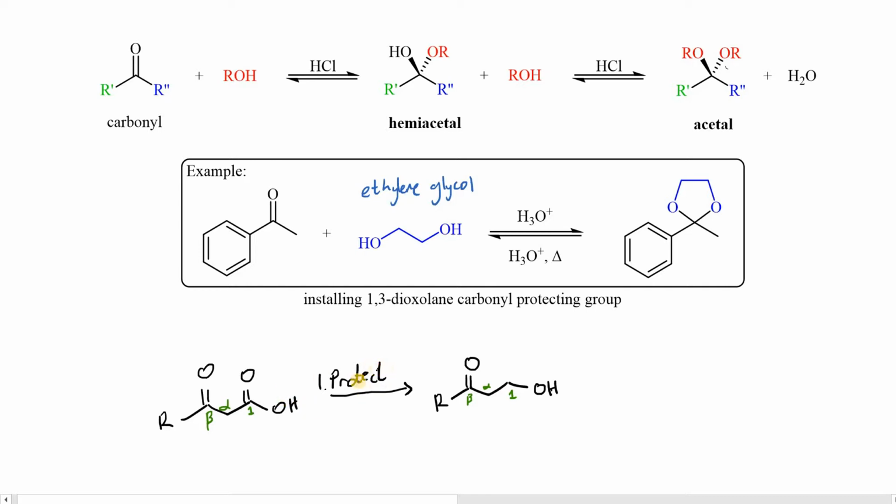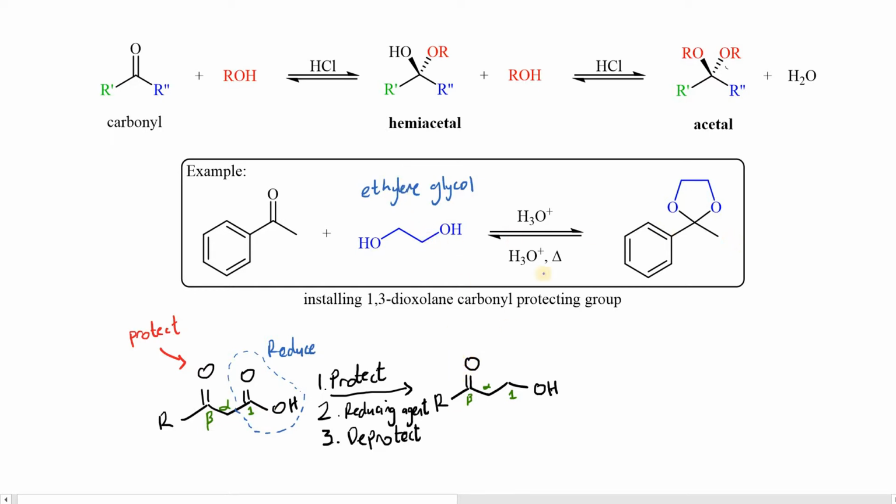So we can protect the carbonyl with ethylene glycol. We can then react the carboxylic acid with some reducing agent. And finally, we can remove the protecting group. Let's just write deprotect. This is one way you can affect one functional group but protect another using ethylene glycol.